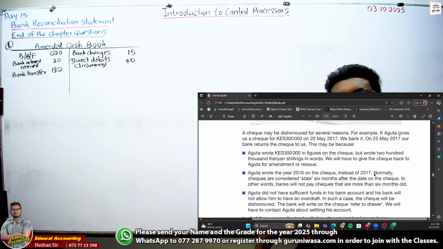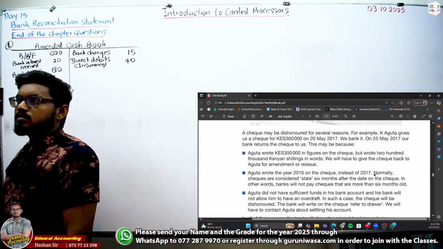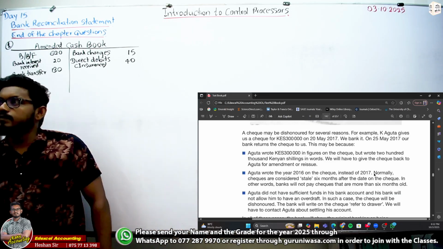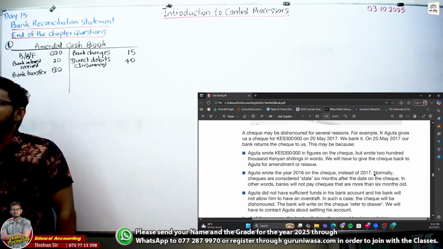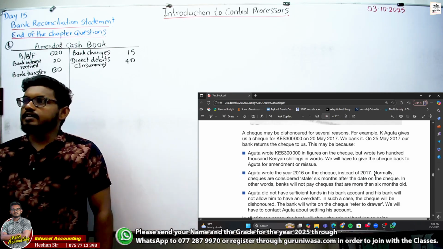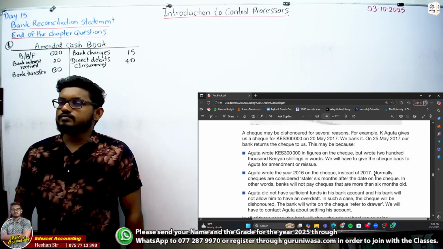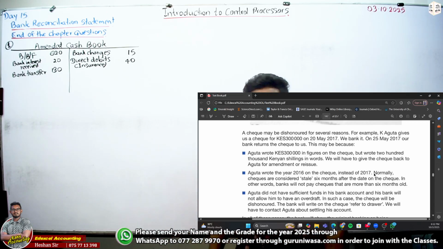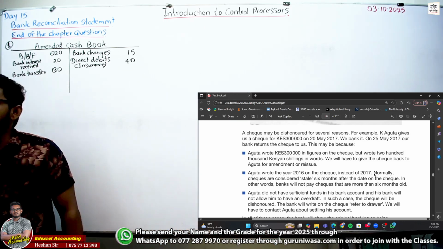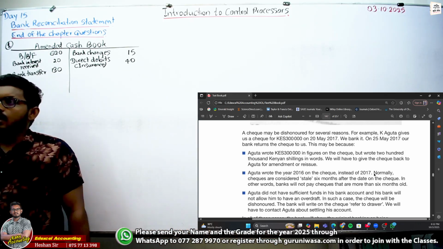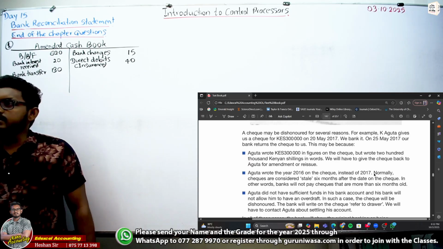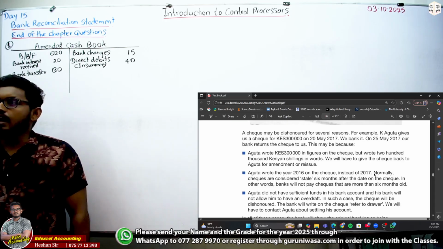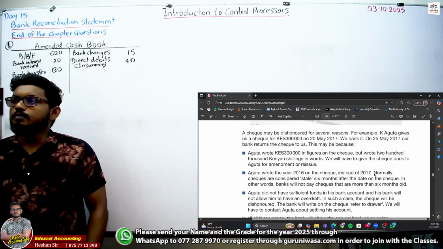You can remember in this example, OTA gives a check to someone. OTA did not have sufficient funds in the bank account, and the bank will not allow him to have an overdraft. In such a case, the check will be dishonored. The bank will write on the check, refer to drawer. He will have to contact OTA about the state of his account.